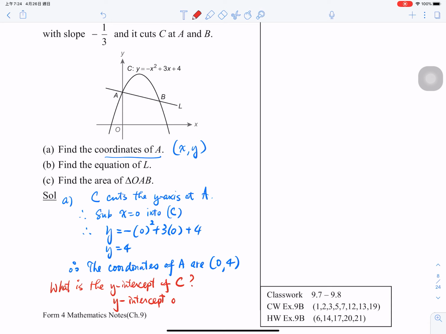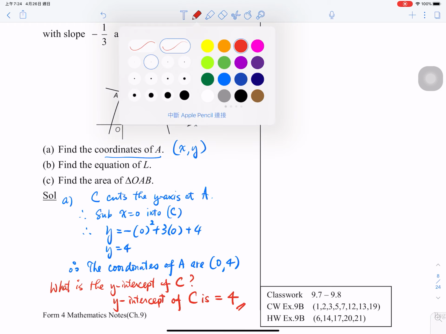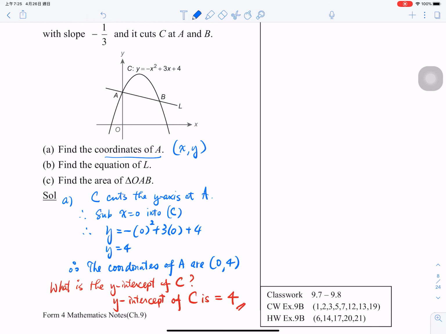Y-intercept of C is 4. So you see that y-intercept is a value only, and for coordinates you need to find x and y. And now point A lies on the y-axis because C cuts the y-axis at A. Therefore, x is 0. So easy to find the coordinates of A.